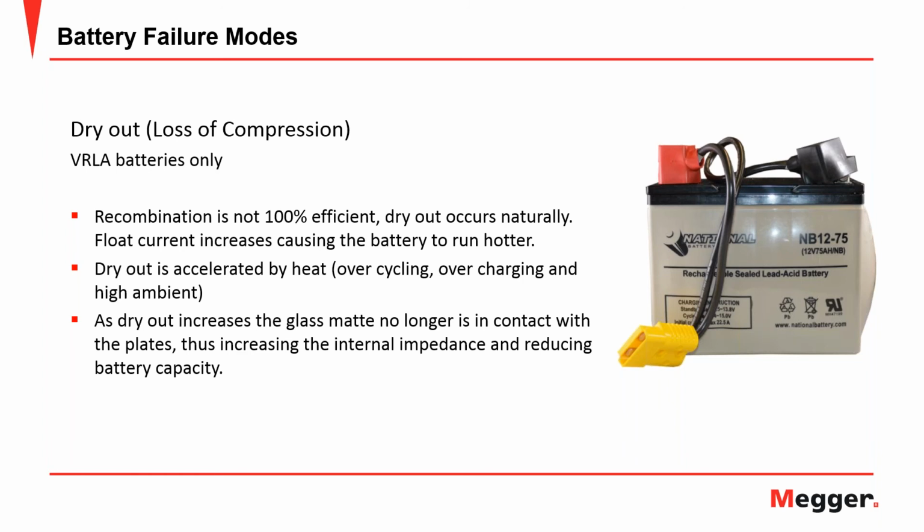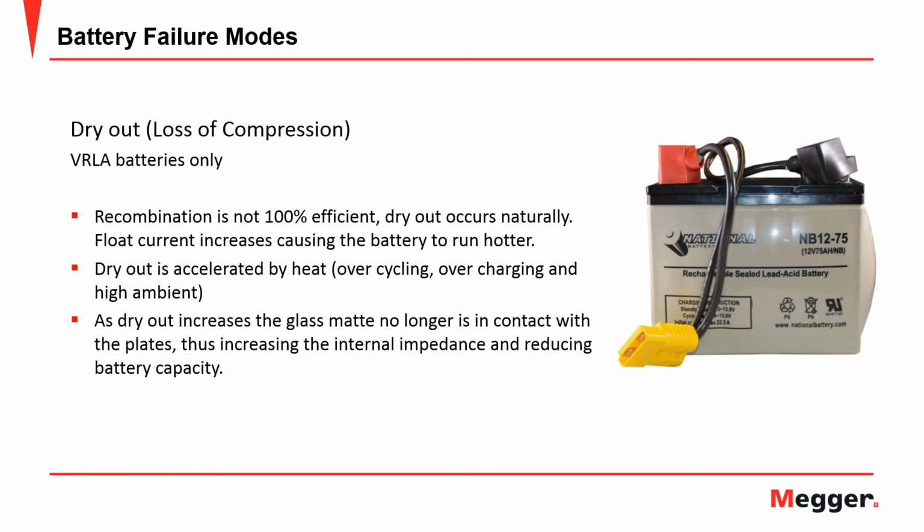Now, this can be accelerated due to heat, overcycling, overcharging, and high ambient temperatures. And as that dry out increases, it draws more float current, which increases the heat in the battery, which causes the dry out to happen quicker. This is one of the reasons you want them in temperature-controlled environments when you're dealing with sealed lead-acid batteries or VRLA.